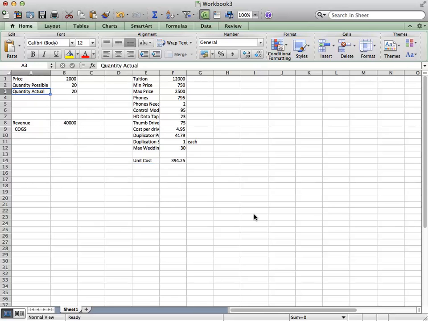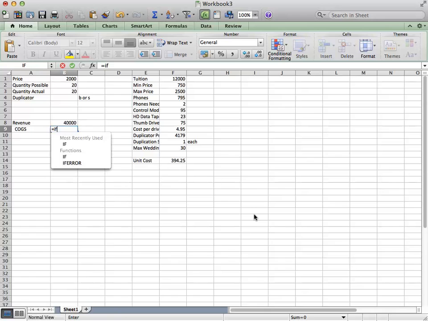So we're going to need a decision. Duplicator, B or S. So are we going to buy it or are we going to use the service? So what we can have here is say equals to if duplicator is equal to B, which means you bought it, then our cost of goods sold is equal to our unit cost times our quantity actual.